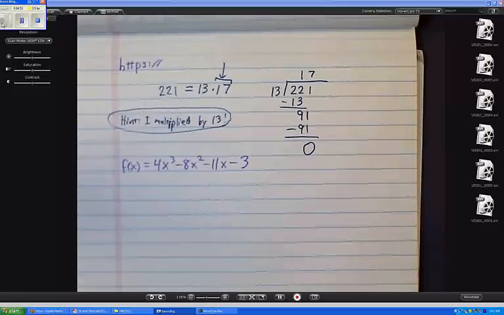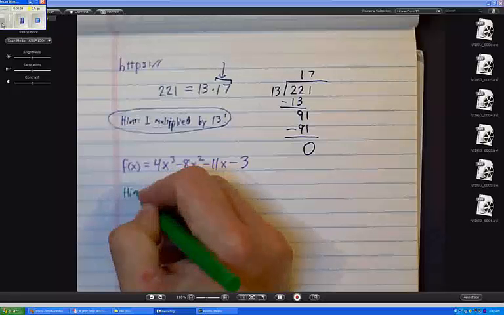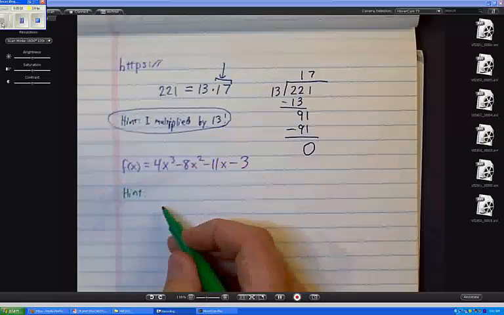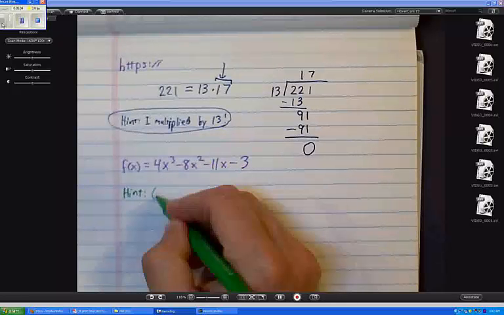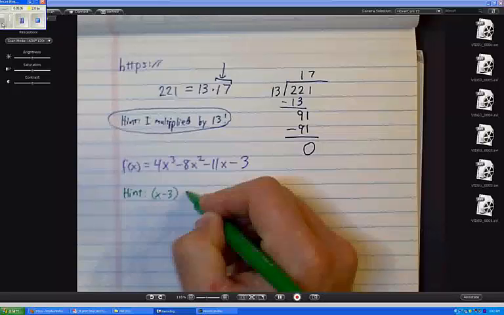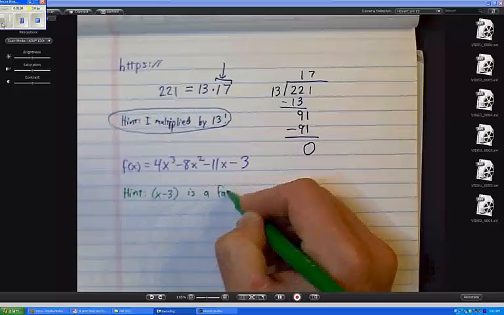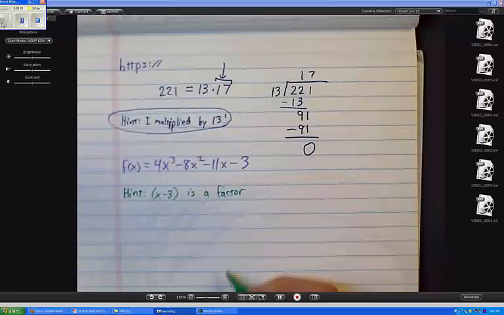But what I'm going to do is give us a hint instead. So here's my hint. Just like I gave you the hint that I multiplied by 13, I'm going to tell you that x minus 3 is a factor. Okay?